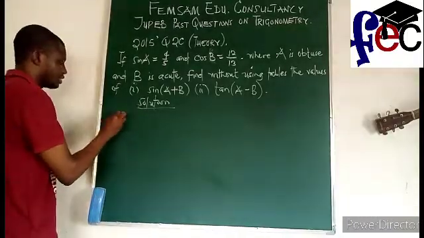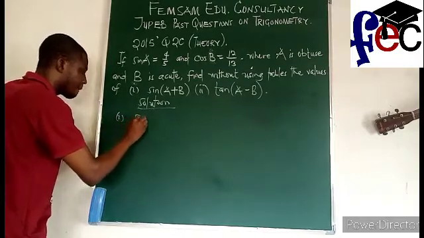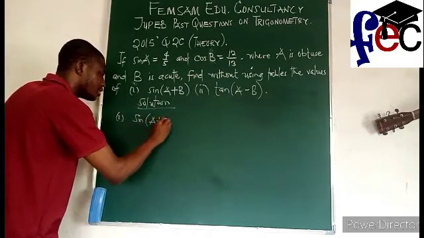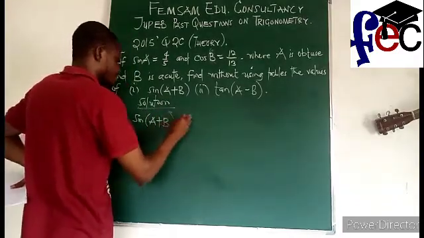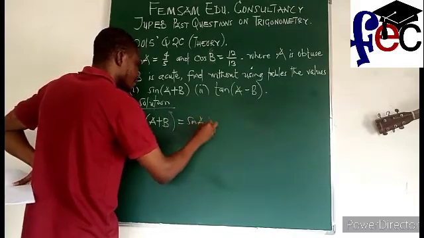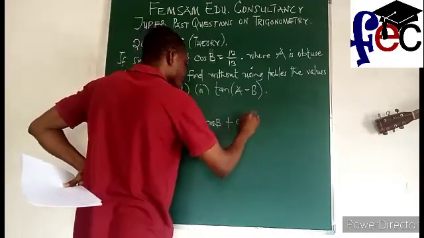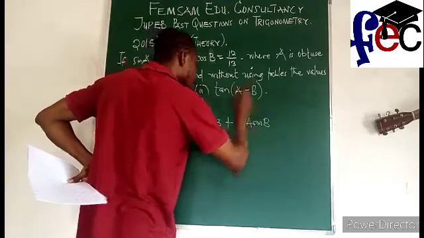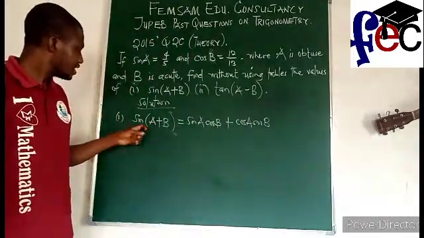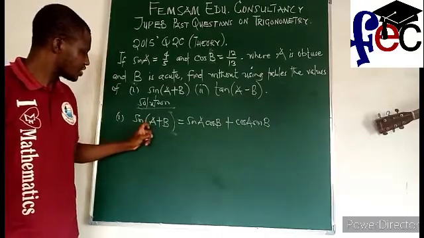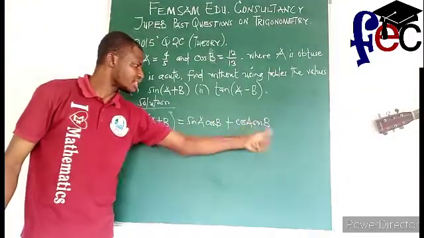You recall that for Roman figure 1, sine (A plus B) is to give us sine A cos B plus cos A sine B.